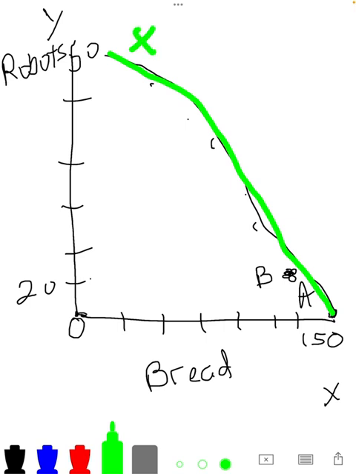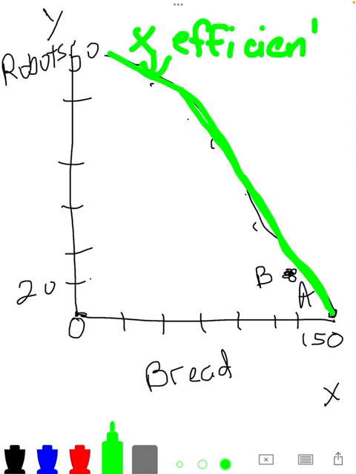And they said to draw point X. I'm going to draw an arrow to the line to show I am talking about this line here. Any number on this line is efficient. Notice I have labeled my point X. If you just put a point X on here, you will get no credit. A letter can mean anything.